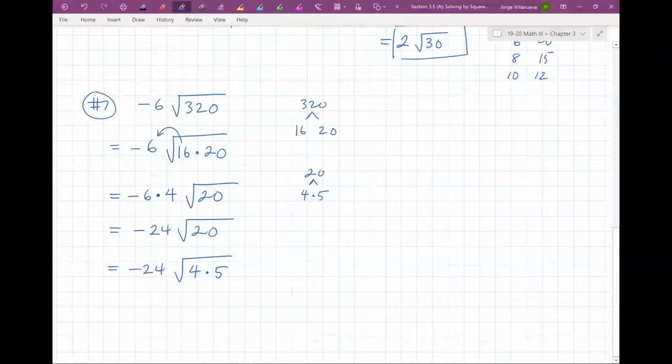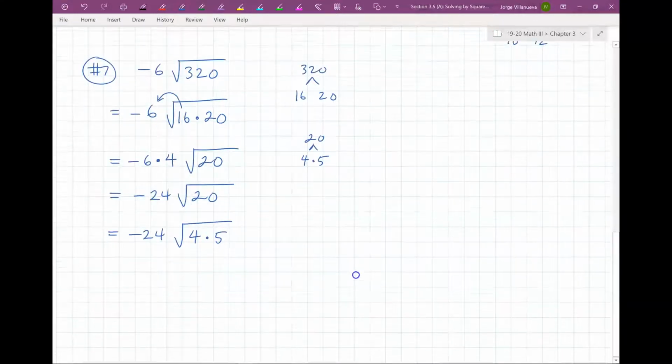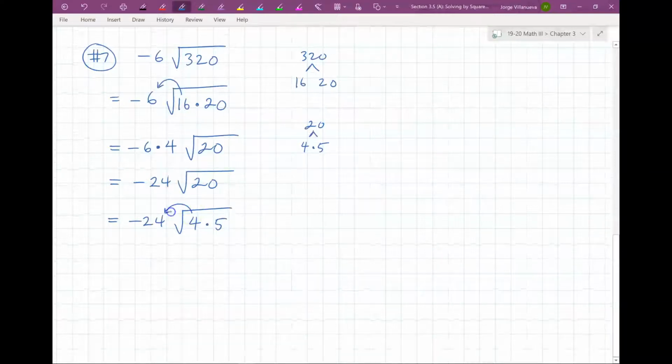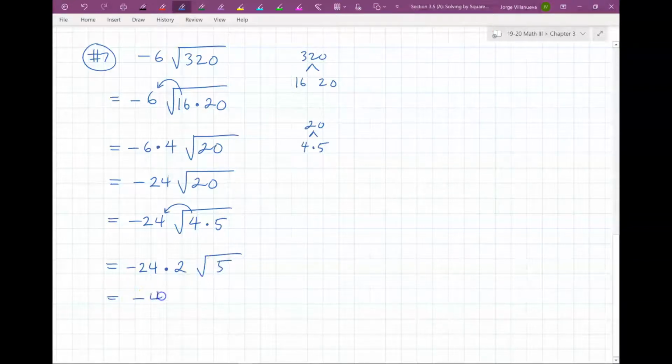Now 4 does have a square root, okay? 4 has a square root of 2, so I'm going to take it out. So it's negative 24 times 2 square root of 5. 24 times 2 is 48, so negative 48 radical 5 is my final answer.